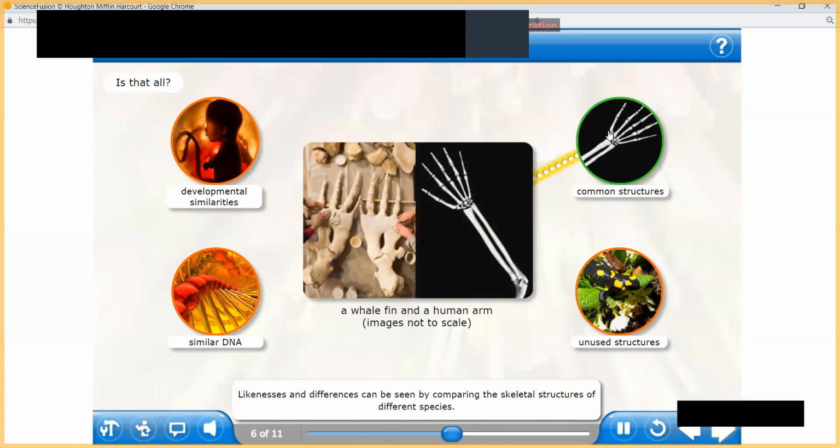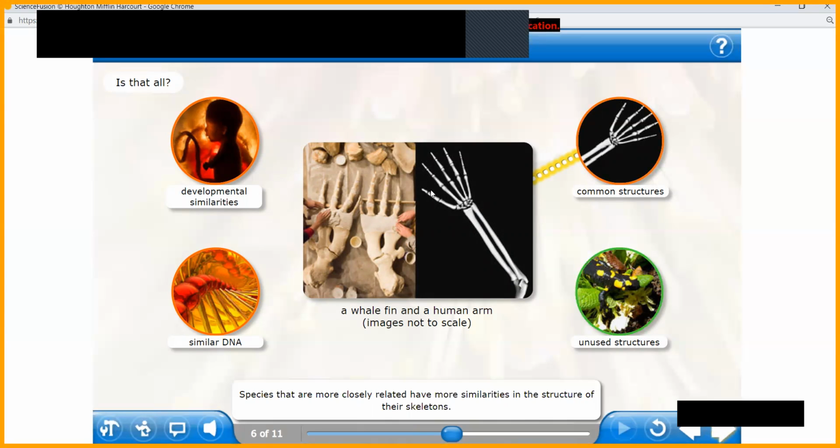Likenesses and differences can be seen by comparing the skeletal structures of different species. Species that are more closely related have more similarities in the structure of their skeletons.